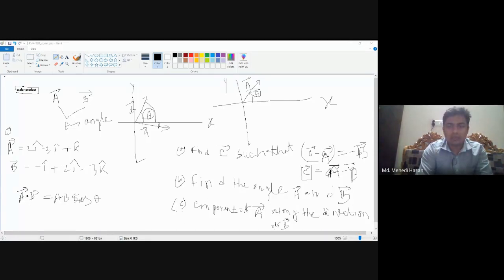Basically this is the question pattern. Okay, A, B, C, and I think in case of A, if the question is given like that, find the magnitude of vector C.